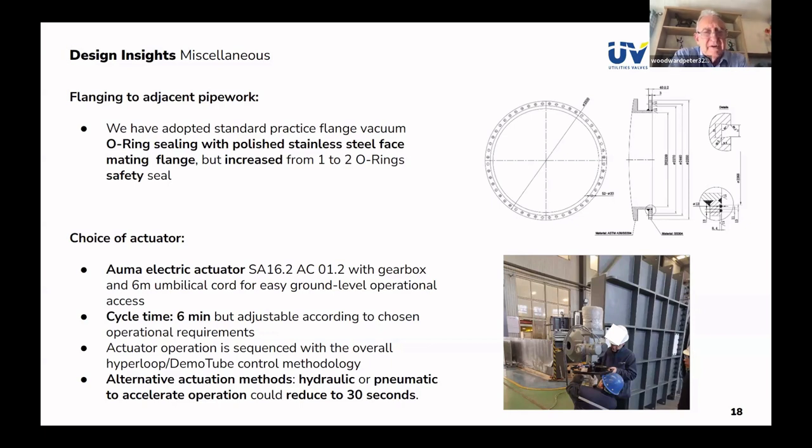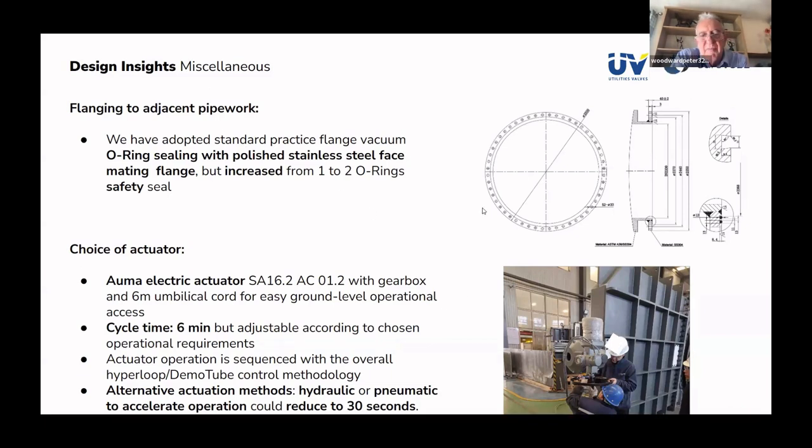At the moment, this has been designed to achieve 6 minutes, but we can reduce this to lower with electrical actuation by sizing the gearbox and actuator differently. We can probably get that down to somewhere in the region of 2 minutes, but we can get to probably 30 seconds with hydraulic ram actuation.